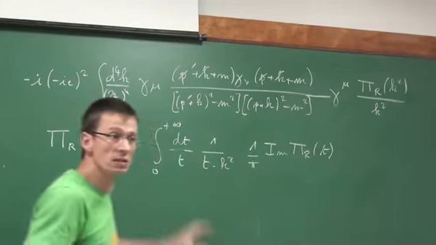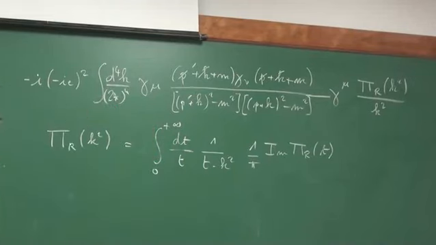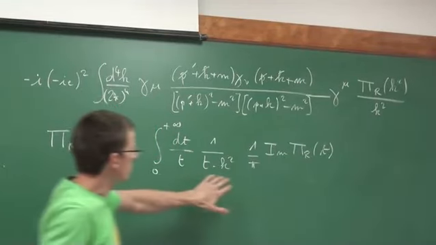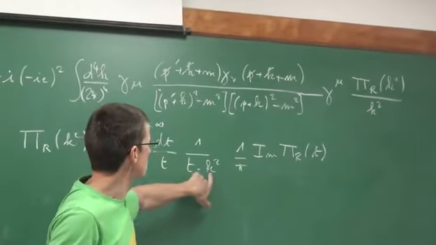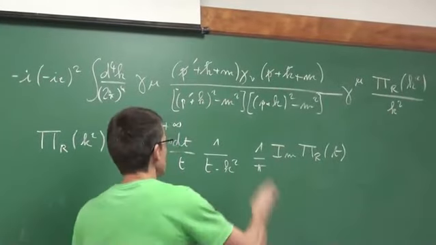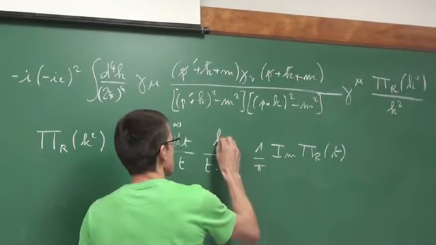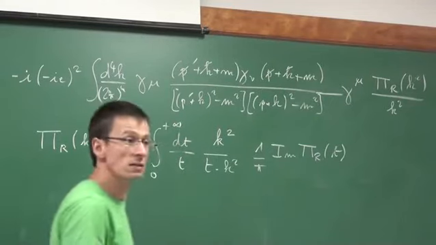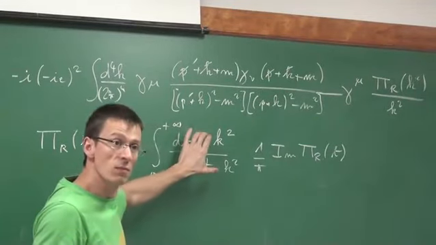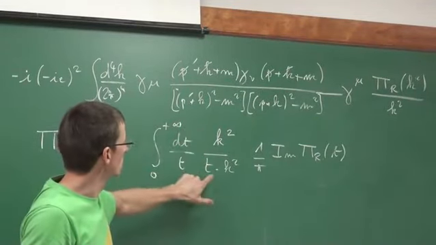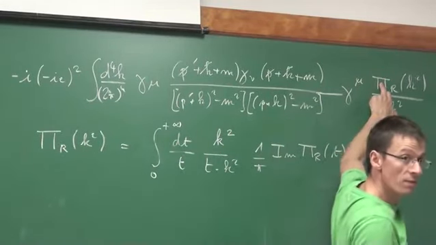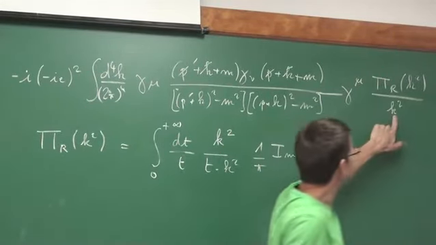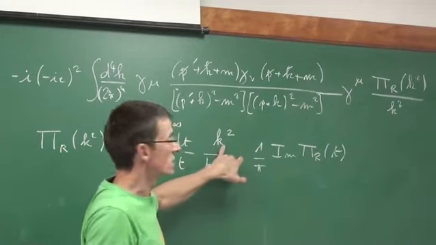Doing this, you can separate the dependence of this integral in the k-square dependence, which is now more simple. And if you put this equation here instead of Pi, you have a cancellation between the k square here and this one.